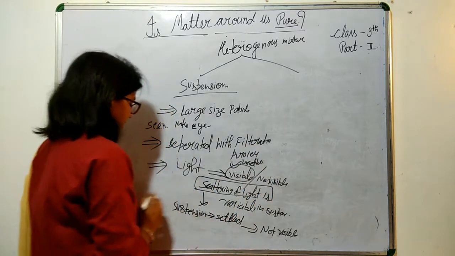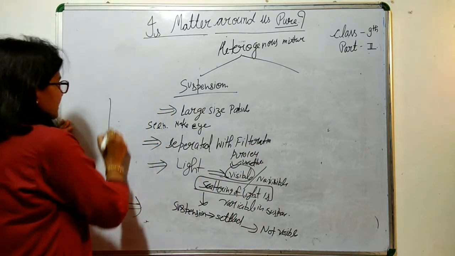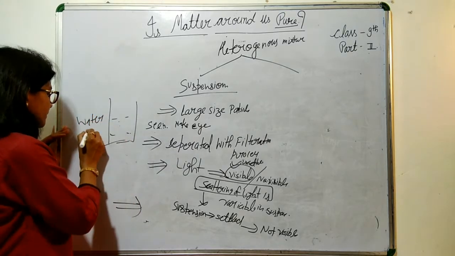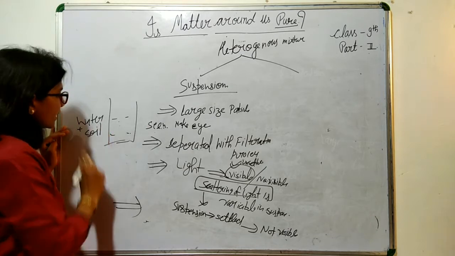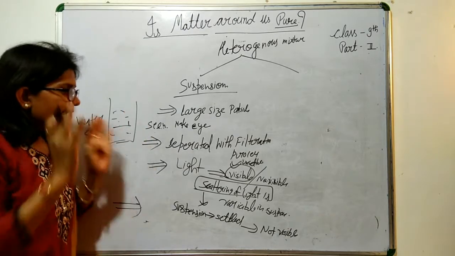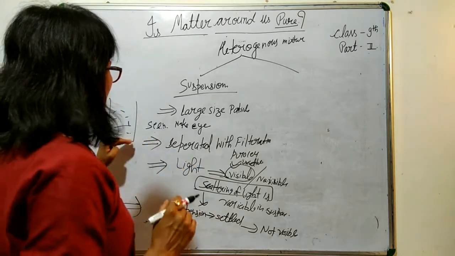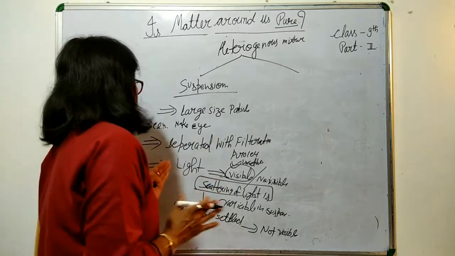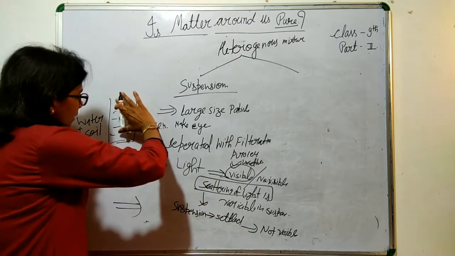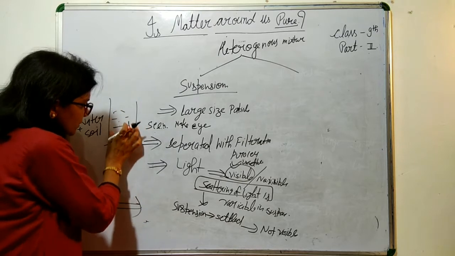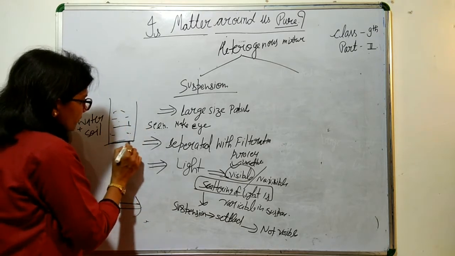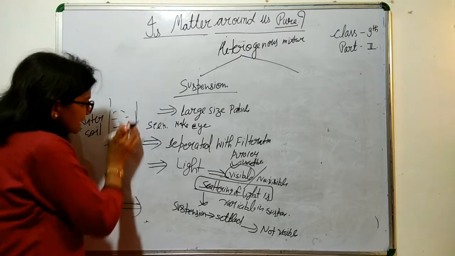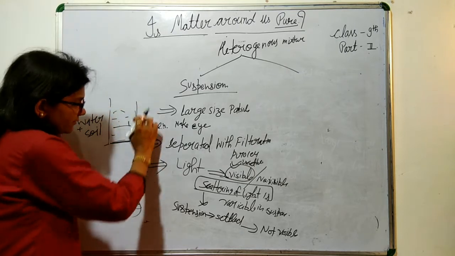Now let's see what unsettled actually means. If your suspension is water plus soil and you have stirred it, it is unsettled. Now you allow it to stand without stirring or disturbing it. What happens after some time? The whole soil particle will settle at the bottom of your container, and your solution will go from lighter to darker from top to bottom.